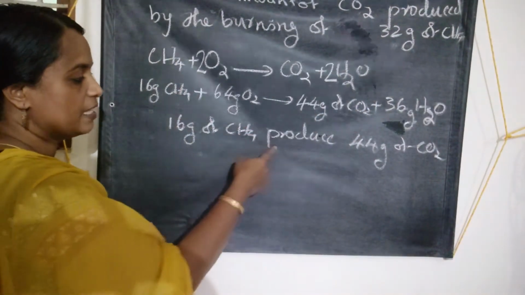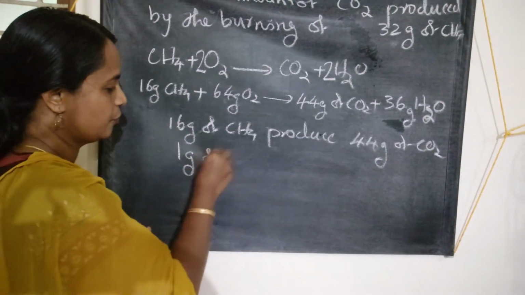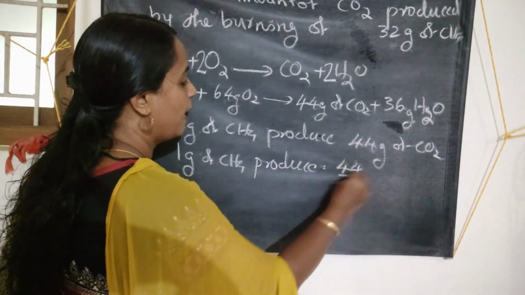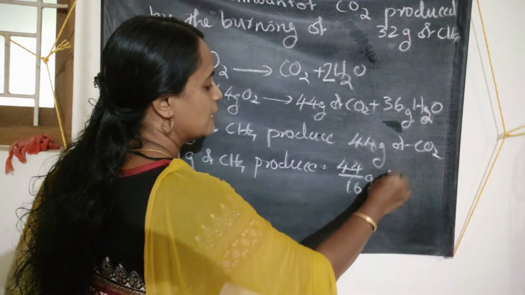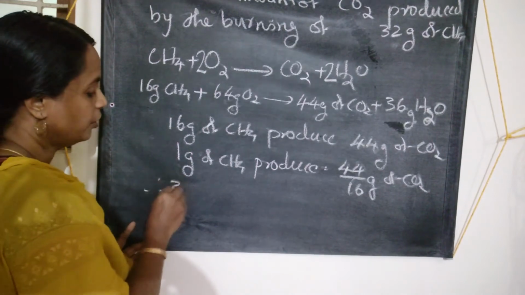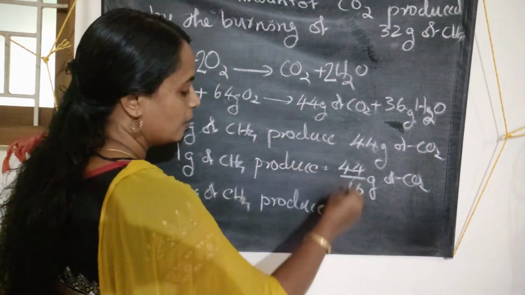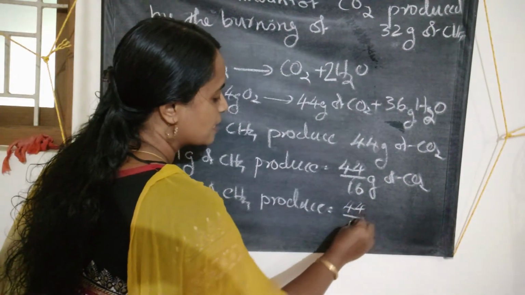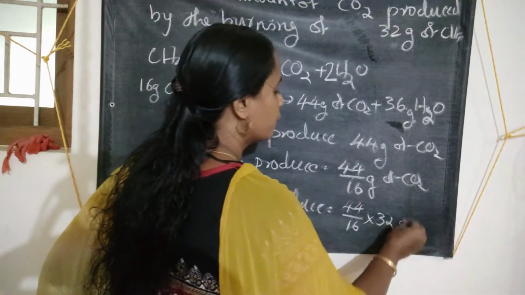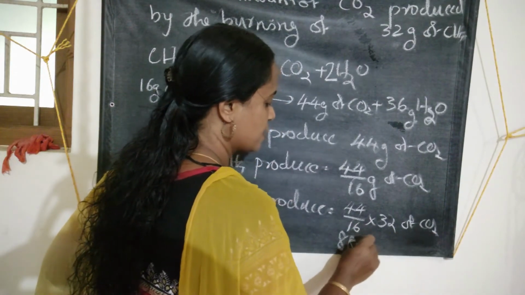If there is 1 gram of CH4, it will produce 44 by 16 grams of CO2. Therefore 32 grams of CH4 will produce 44 by 16 into 32 grams of CO2, and it is equal to 88 grams.